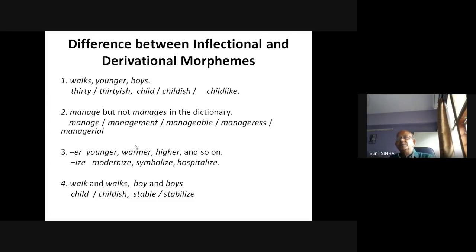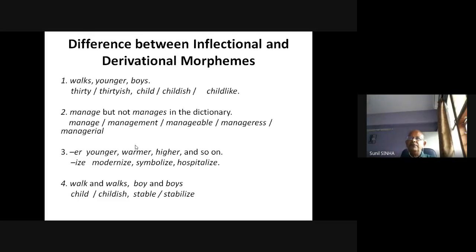And we cannot say hospitalize means to act as a hospital. No. Hospitalize means to put in a hospital. So the meaning of -ize is to put. Like in modernize, the meaning of -ize is to make. In symbolize, the meaning of -ize is to act. And in hospitalize, the meaning of -ize is to put.